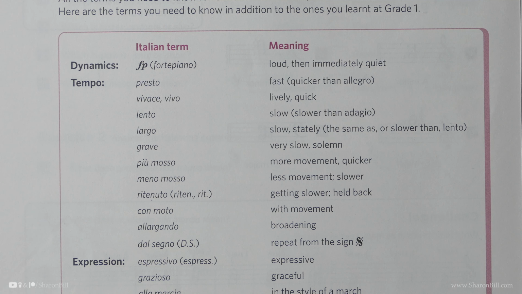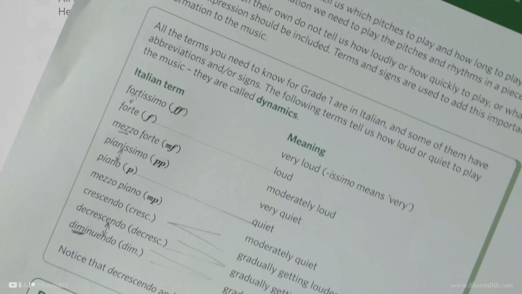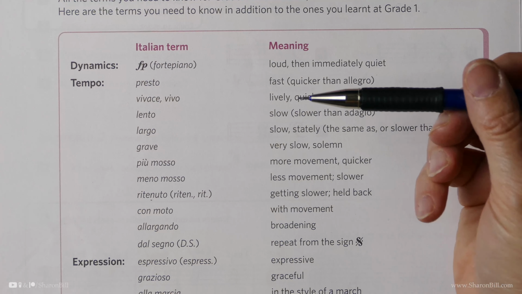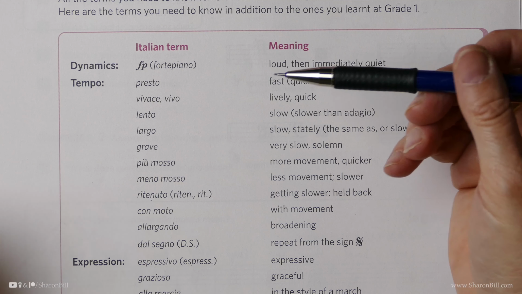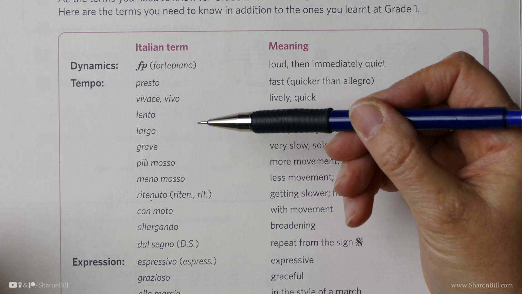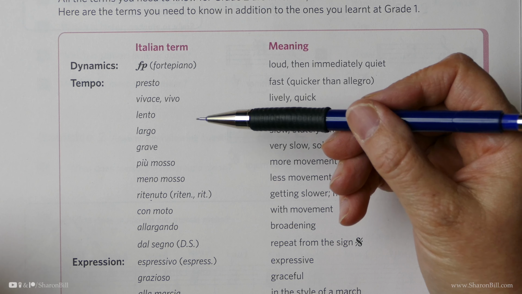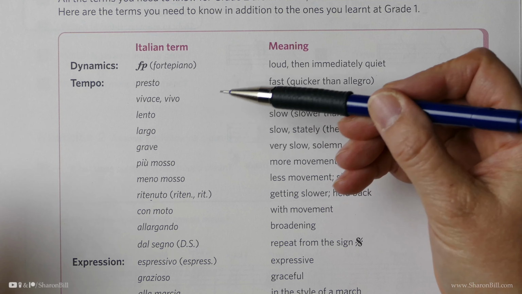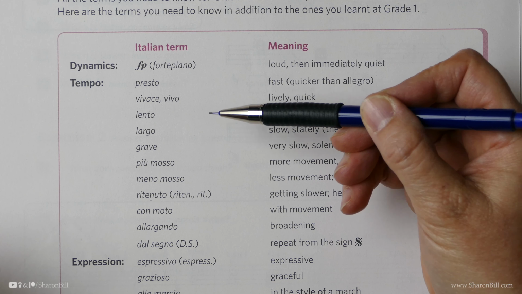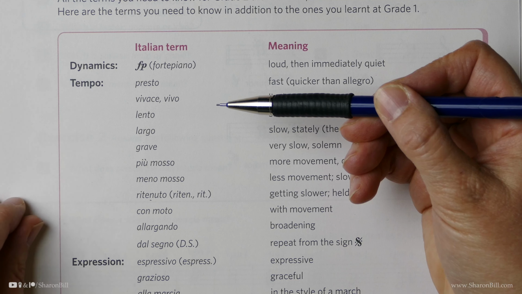So do go back to your grade 1 and add these to the list. And I do suggest that you really give this some time and attention, because as you progress through the grades, it's only going to get more, because as these combine with grade 1, grade 2, grade 3, grade 4, all the way up to grade 5, we still need to remember all of the terms from the previous grades.